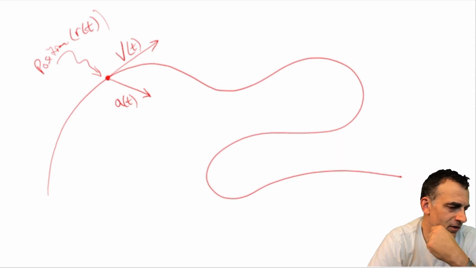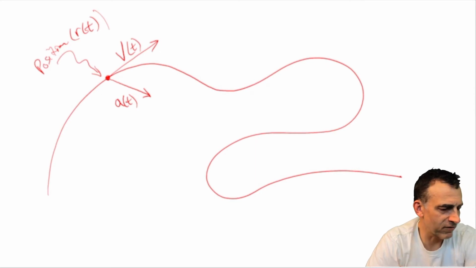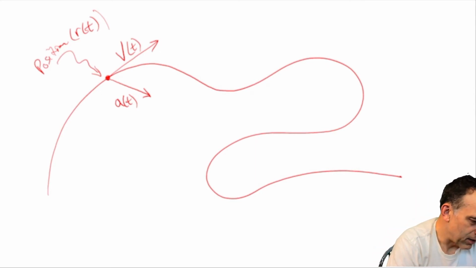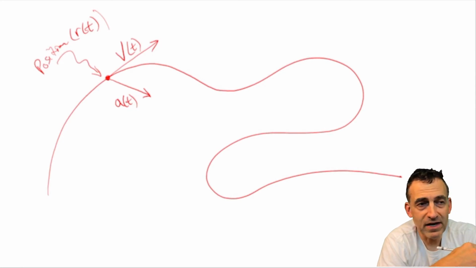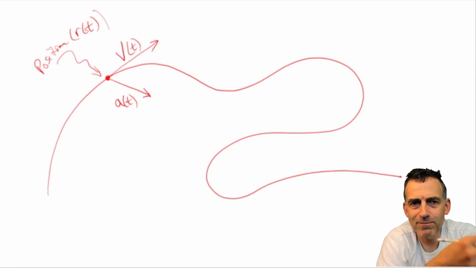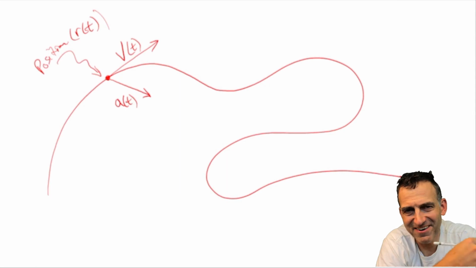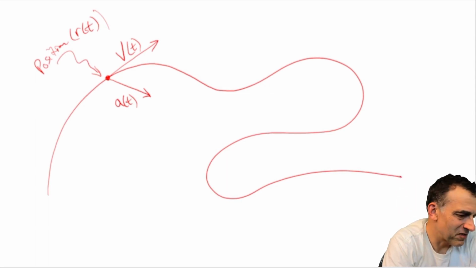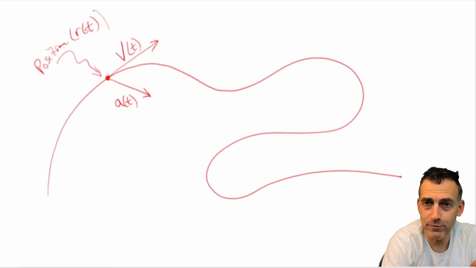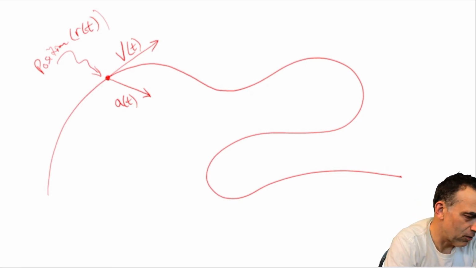So that's why the acceleration is always towards the inside of the curve. And if you're accelerating, then your acceleration will trend towards the direction of the velocity. If you're decelerating, like you're putting on the brakes, then it'll go back here somewhere.